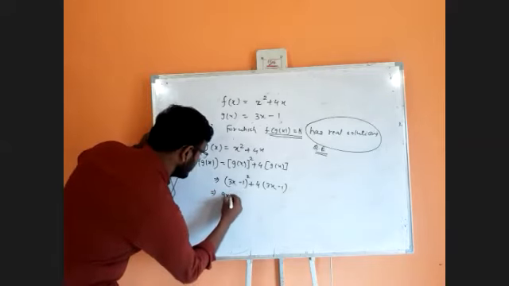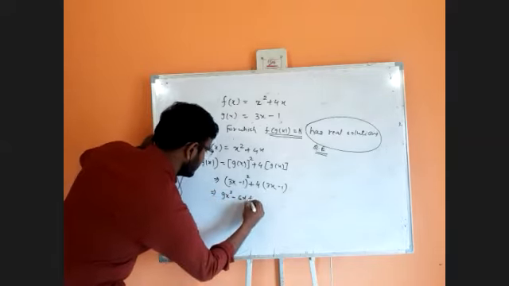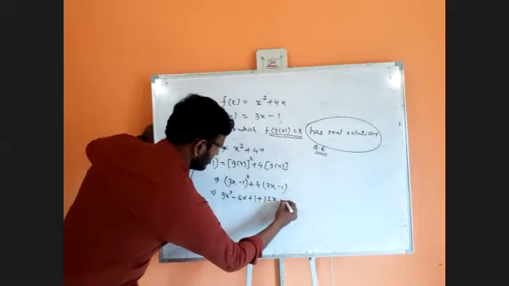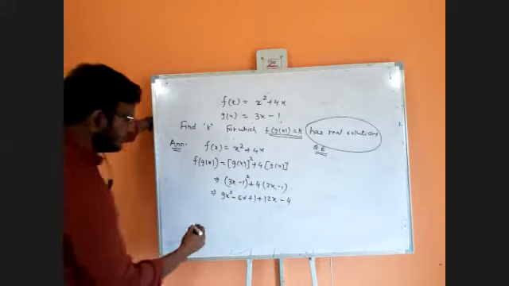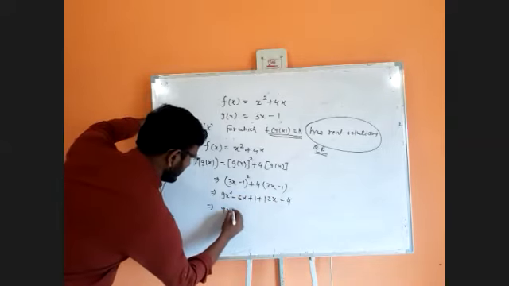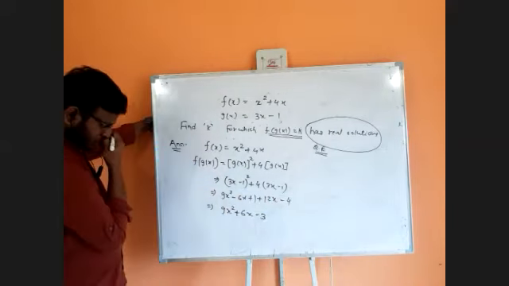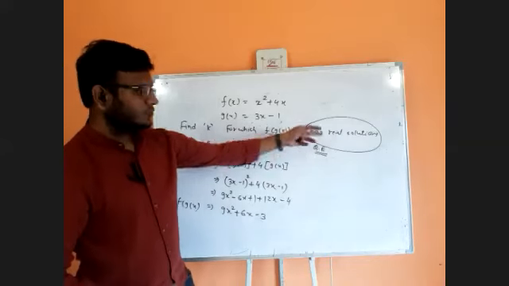Now just open it up. So 9x square minus 6x plus 1, a square plus b square plus 2ab, plus 12x minus 4. So this would be 9x square plus 6x minus 3. Correct? And now they're saying this is equal to k should have real solution.